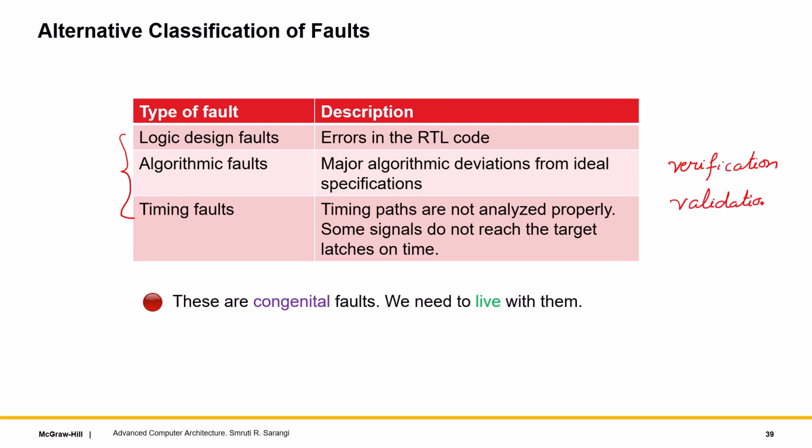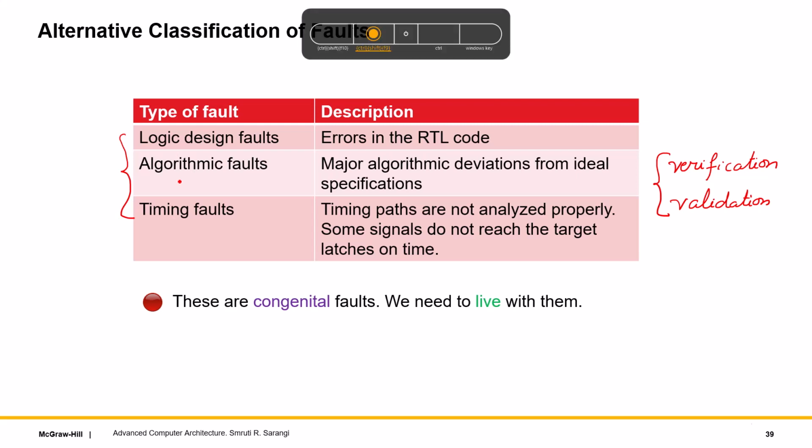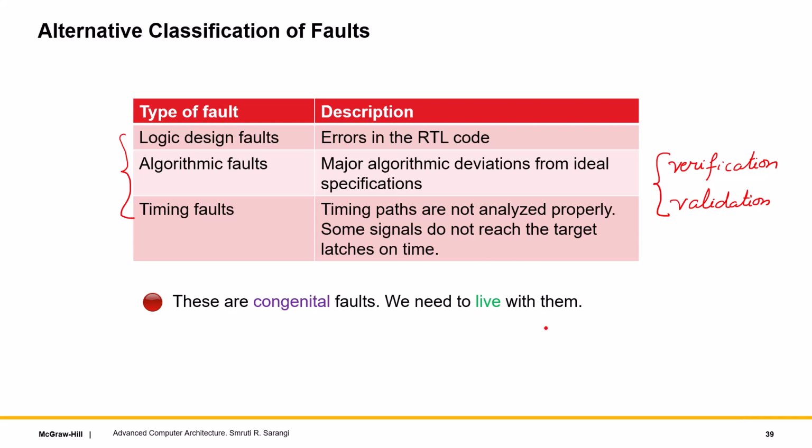So if both of these are done seriously, we should be able to avoid them. But as I said, no exercise is ever perfect. So regardless of how serious the effort is, typically 50 to 100 bugs still slip into production level silicon. What I mean by production level silicon is basically the chip that is released to the market.